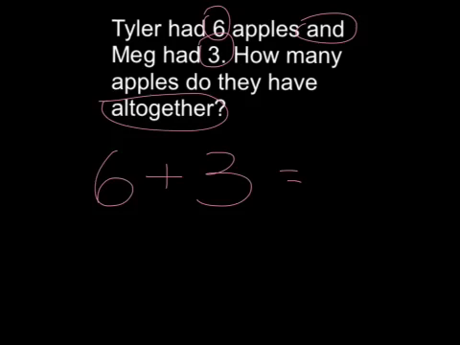Now when we're solving problems like this, if it were bigger numbers, we could draw a picture or we could get out some counters to help us solve this problem. But I already know how to do a count on 3. Remember we learnt that in one of our other video lessons. So I'm going to hold 6 in my head and count on 3. 6, 7, 8, 9. So the answer is 9 apples altogether.